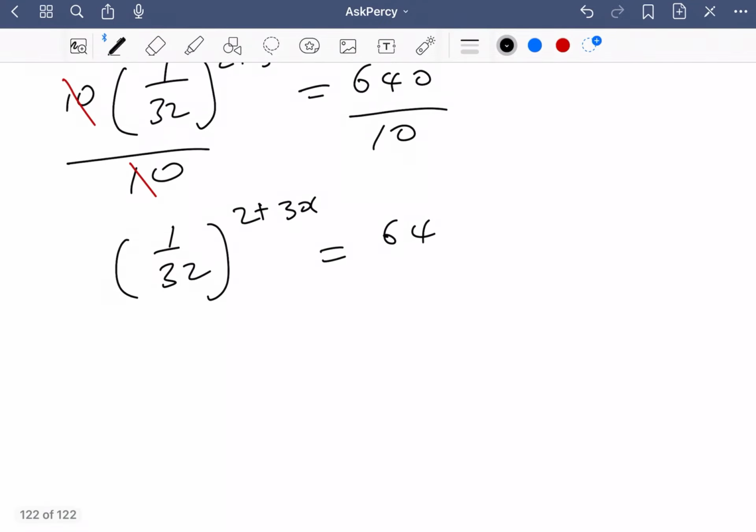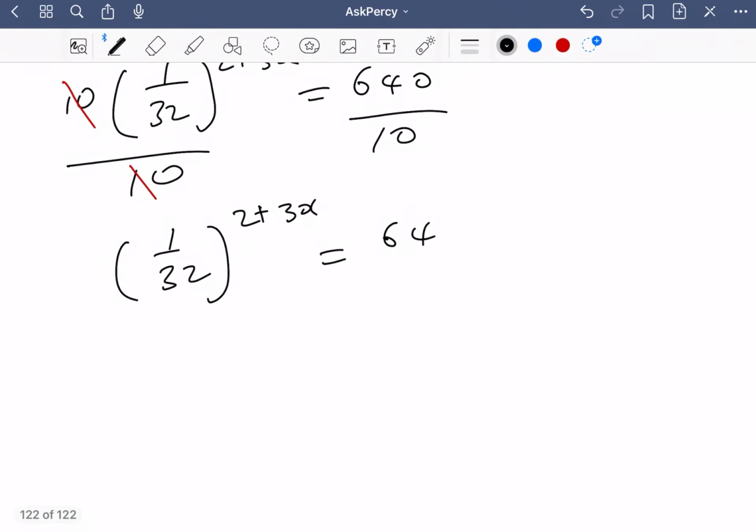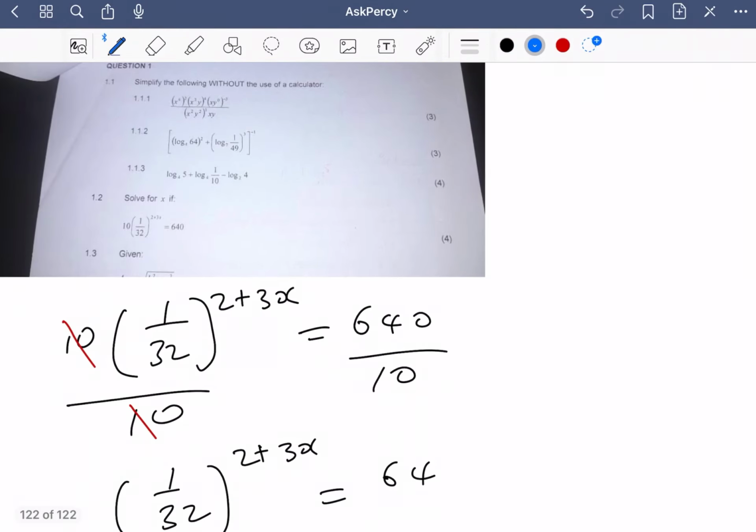Now from here, there's a couple of ways of doing this, but I'm going to show you this one method. I want us to use natural log, which is ln.